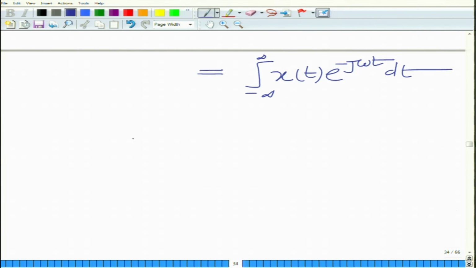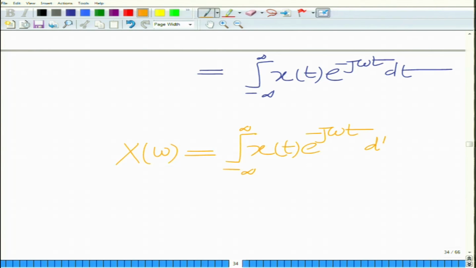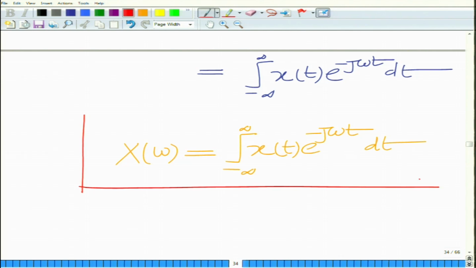Okay. So, let me just write it again a bit more prominently. This is your X of omega equals the integral from minus infinity to infinity of x of t e raised to minus j omega t dt.